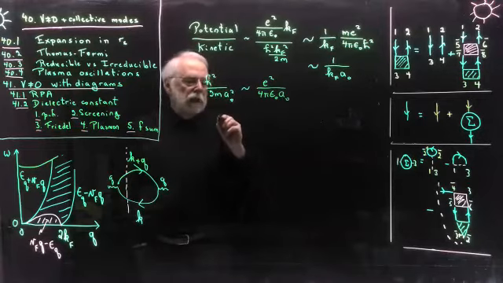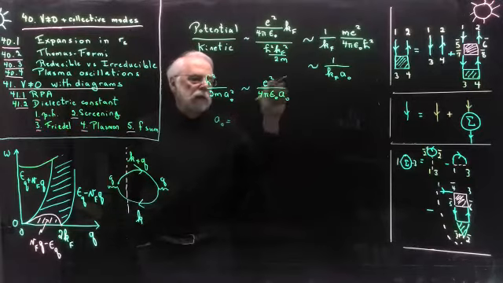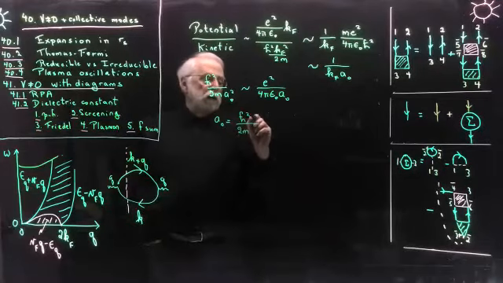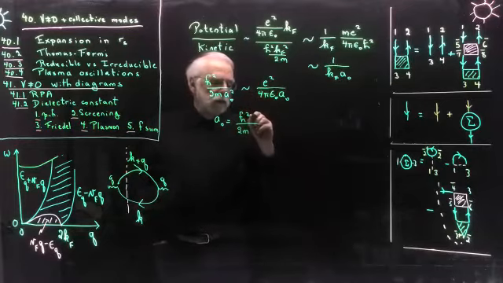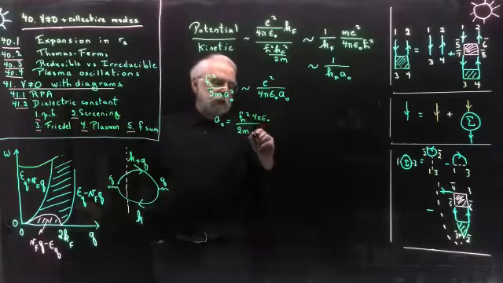So you see that a0 is h bar squared over 2m times 4 pi epsilon 0 divided by e squared.